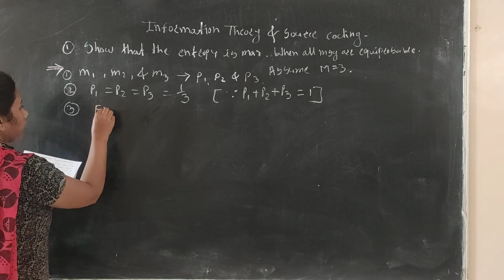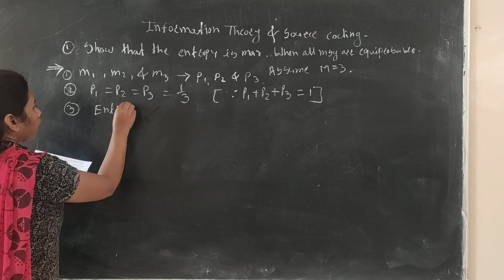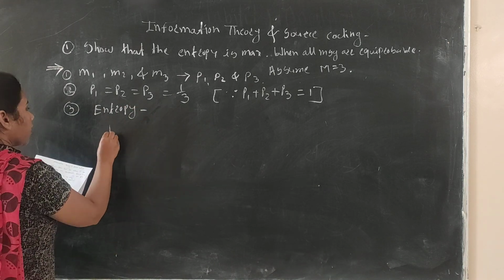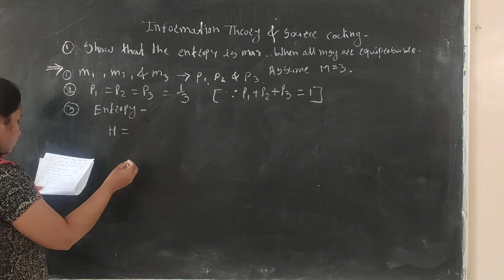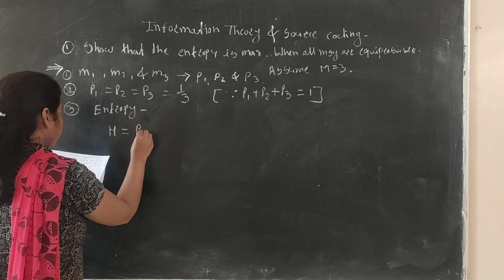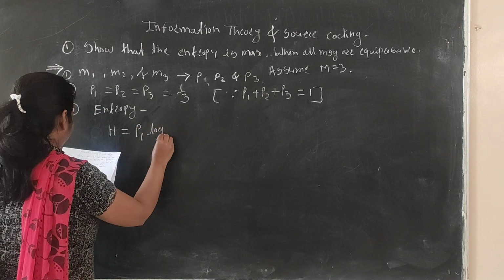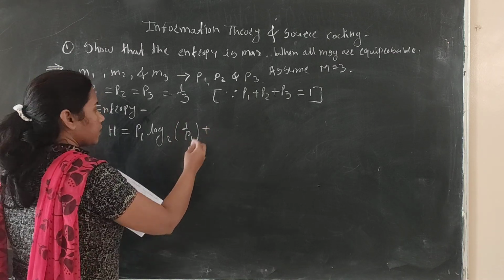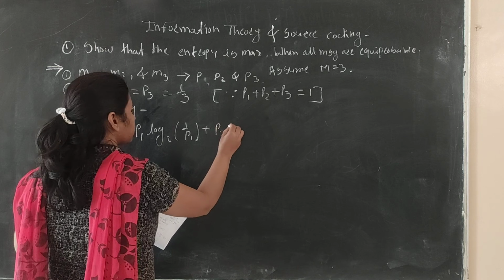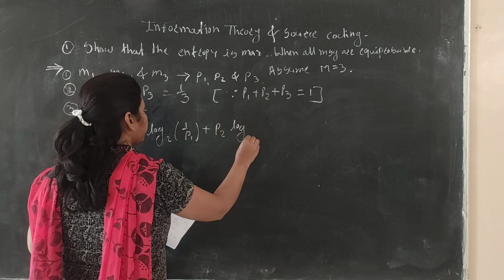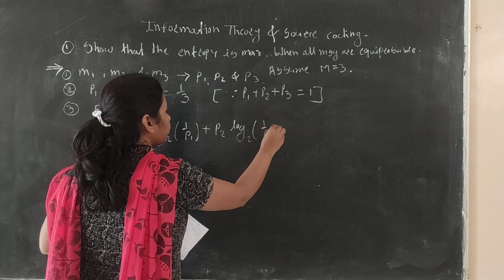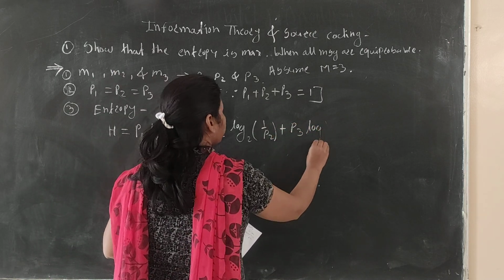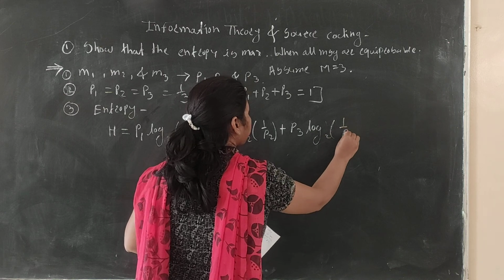The entropy, denoted by H, is given by H is equal to P1 log to the base of 2 of 1 by P1, plus P2 log to the base of 2 of 1 by P2, plus P3 log to the base of 2 of 1 by P3.